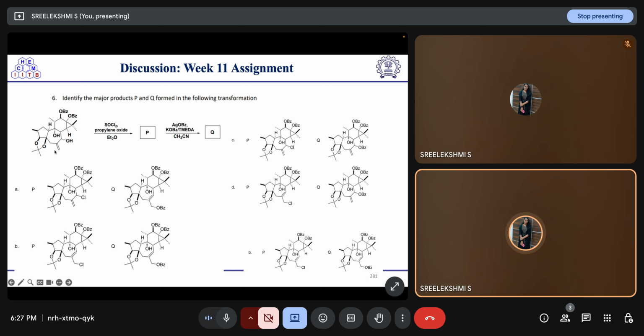So Cl minus will attack, the bond will go here, and OH minus will leave to form this compound. Then in the second step, the Cl is getting substituted with the benzoate group. So the correct answer is option B.